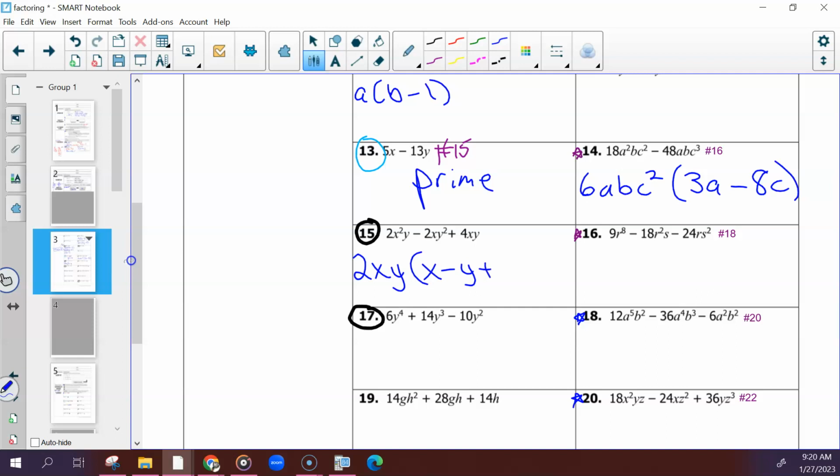Plus just 2. So it looks weird, but that is its factor form. If we're dividing this and this, the x's cancel, the y's cancel. 4 divided by 2 is 16.